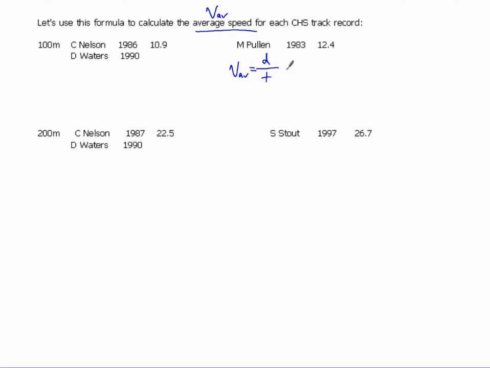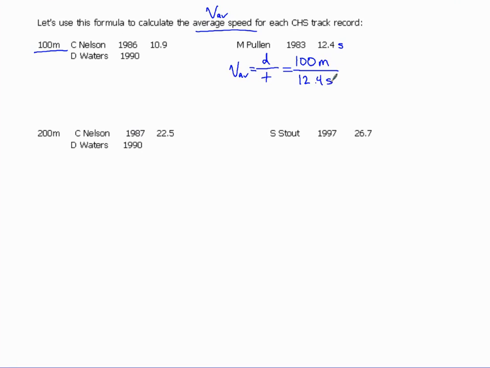So the distance. This is a record set in 1983 for the 100-meter dash. So the distance, we have 100 meters. And over here, the 12.4, that would be 12.4 seconds. That is your time.